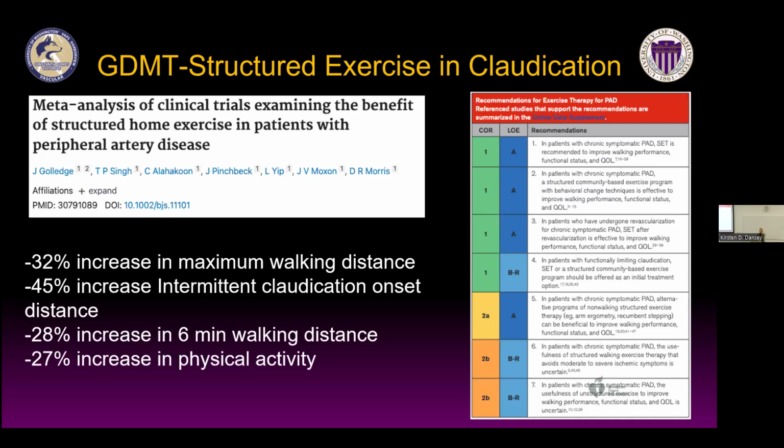There have been multiple randomized controlled trials and really excellent data to support structured exercise therapy. Probably the most famous one was the CLEVER trial, which compared optimal medical therapy, so an antiplatelet with cilostazol, versus optimal medical therapy plus exercise therapy versus optimal medical therapy and revascularization in patients with aortoiliac disease.